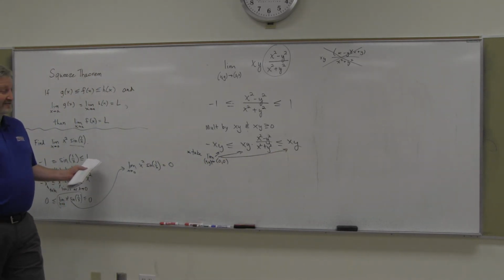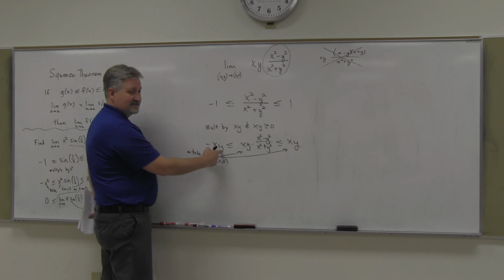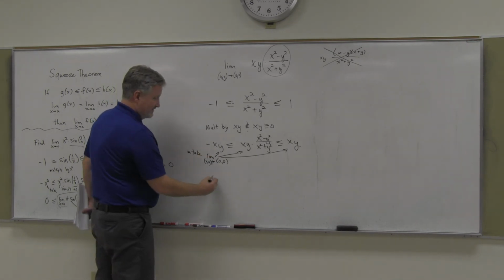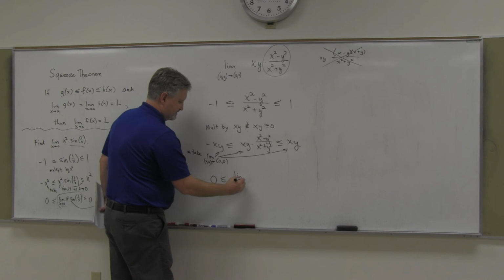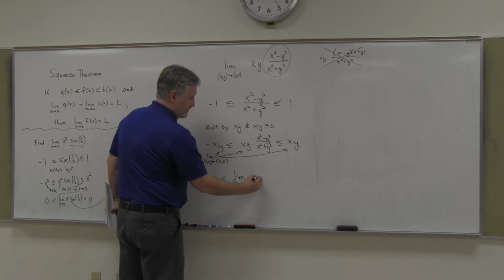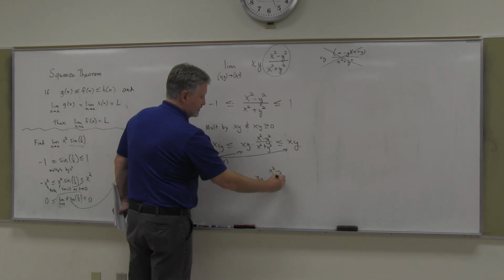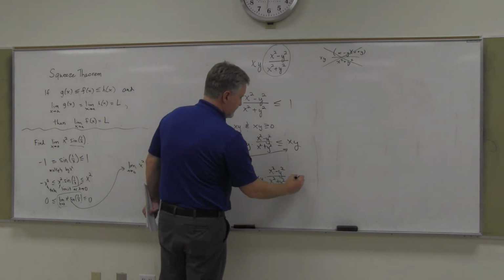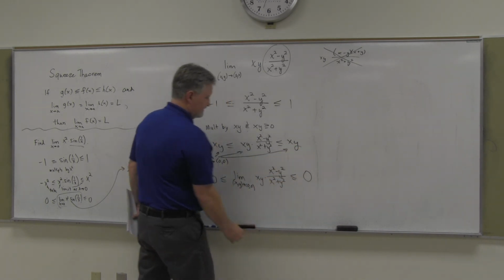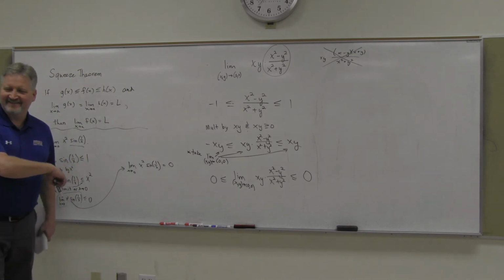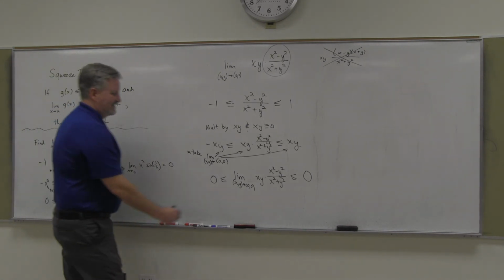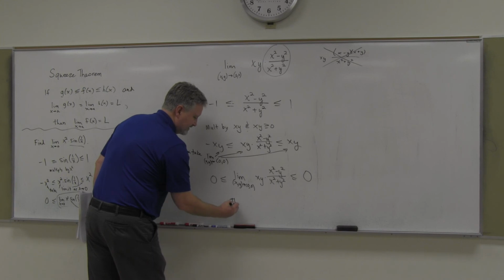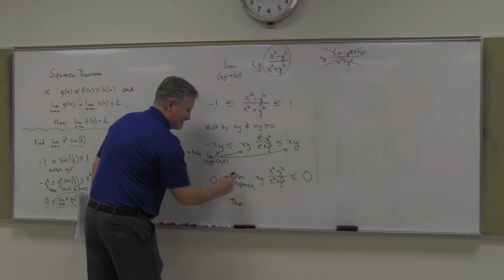Same thing as over here, don't we? As (x, y) goes to (0, 0), x is 0, y is 0. And of course, this is what we're trying to figure out. It's the same deal: it's both less than or equal to 0 and greater than or equal to 0.